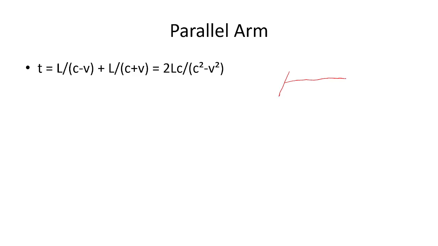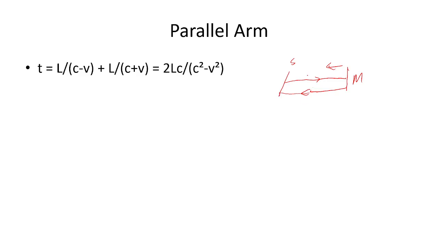It moves this way to the mirror. The velocity of ether is opposite to the velocity of light, and in coming back toward the splitter, both the velocities are added.